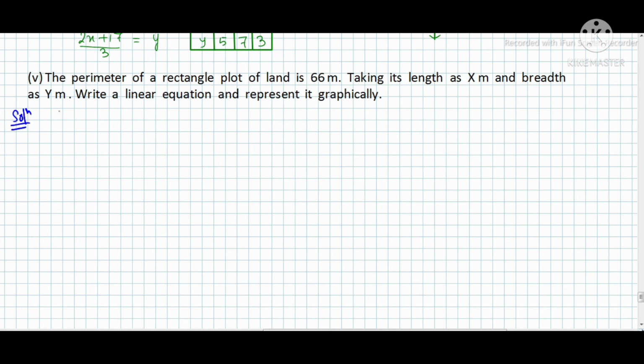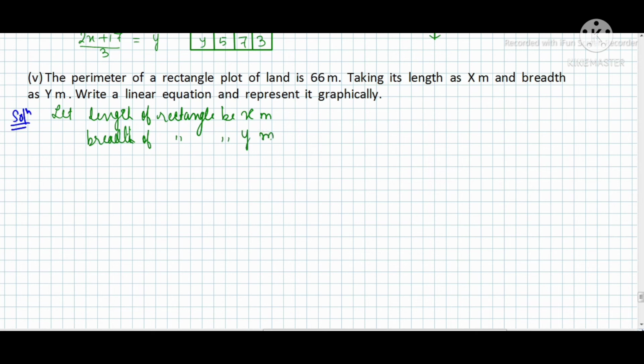So we'll write, let length of a rectangle be x meter, and breadth of rectangle be y meter.